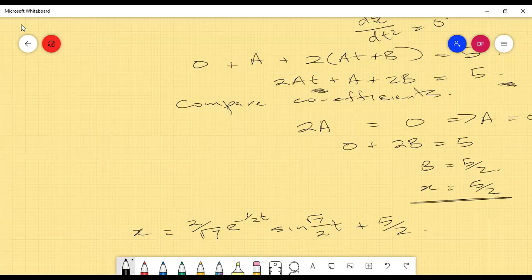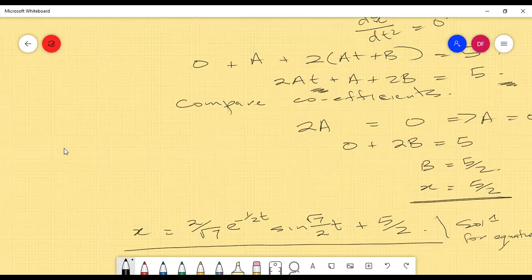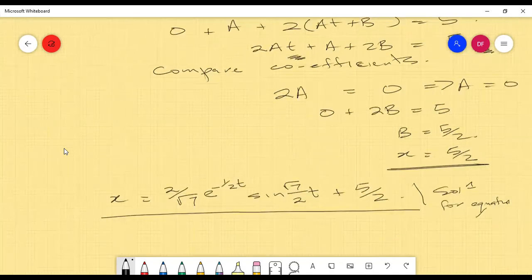So this would be the total solution for the equation. Right, any questions?